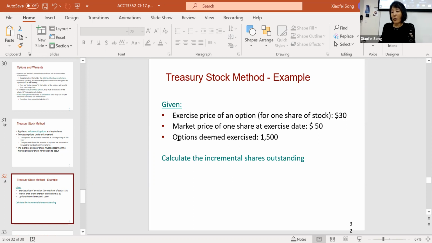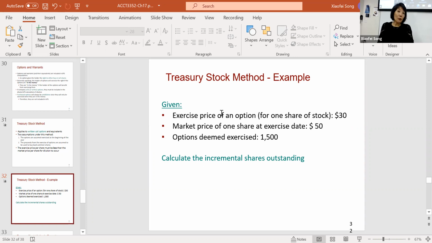And say there are 15,000 exercised. This is the treasury stock method to record the actual exercise of the option. And keep in mind, when we compute the diluted earnings per share, the options are not actually exercised.